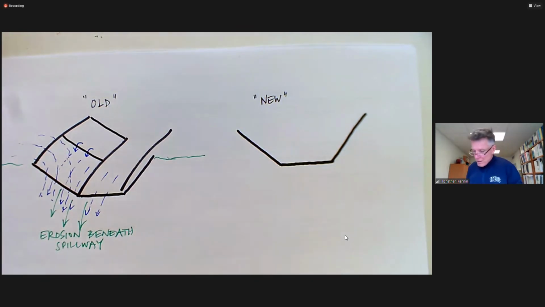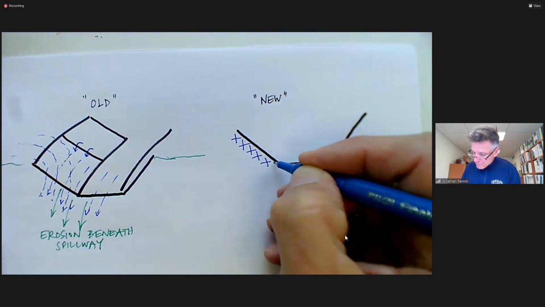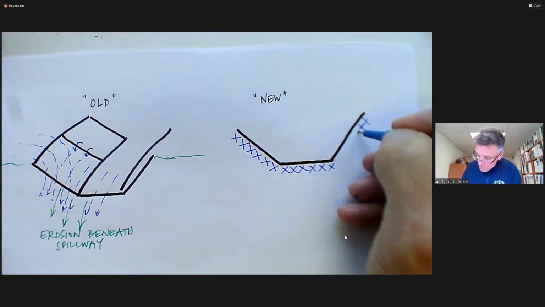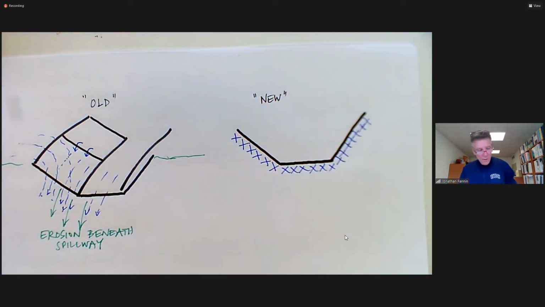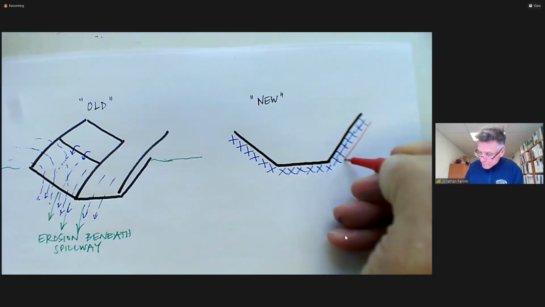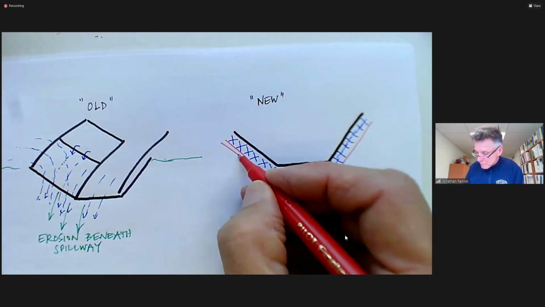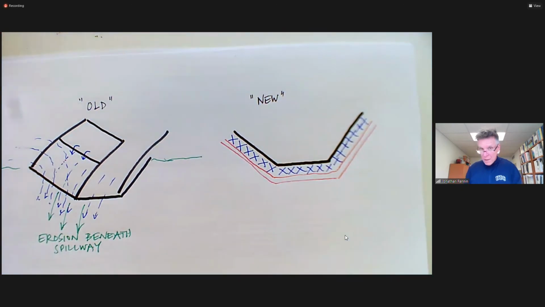The decision was taken to put in an under drain, okay, and the under drain is in combination with a filter. Okay, and then the original ground.